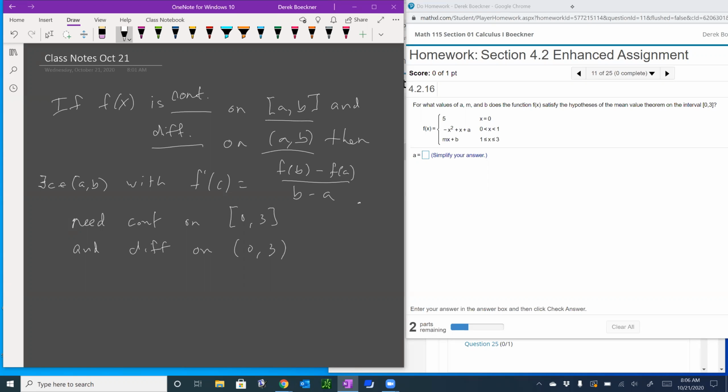There's no limit from the left, so just from the right, it has to be 5. So as I get close to 0 with this quadratic, I need this quadratic to start getting closer and closer to 5. What value gets me closer and closer to 5 when x gets closer and closer to 0? A equals 5. Yeah.